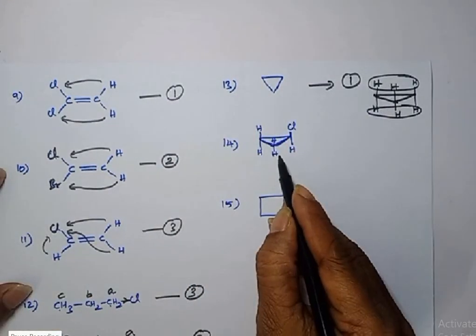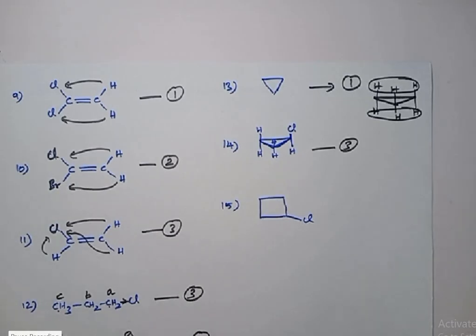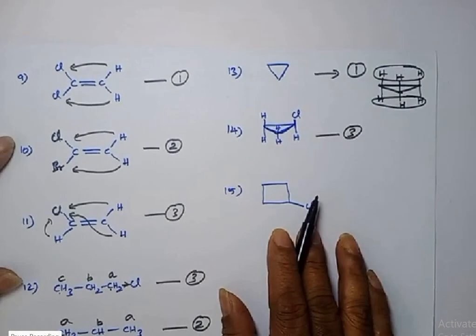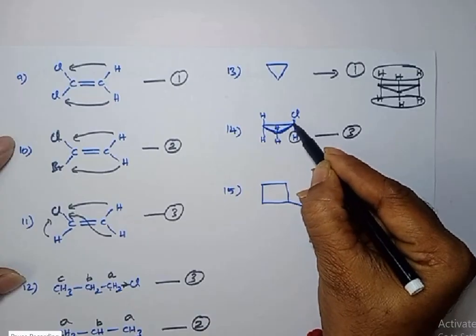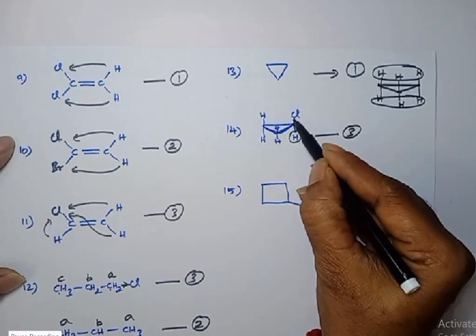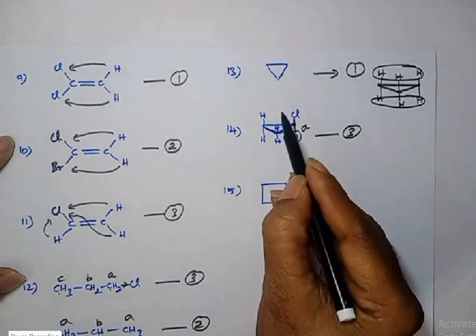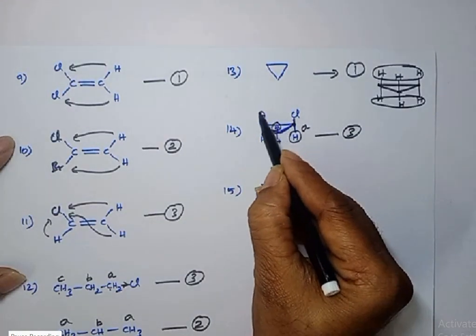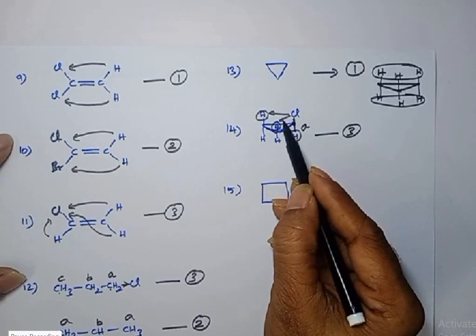Now tell me, for this compound, how many signals do we get? 3. Yes, for this compound we get 3 signals. 3 is the correct answer. Why? Listen here, this proton is directly attached to the carbon where chlorine is attached. So this proton is in a different environment. And the protons which are above the plane are directly facing the chlorine.